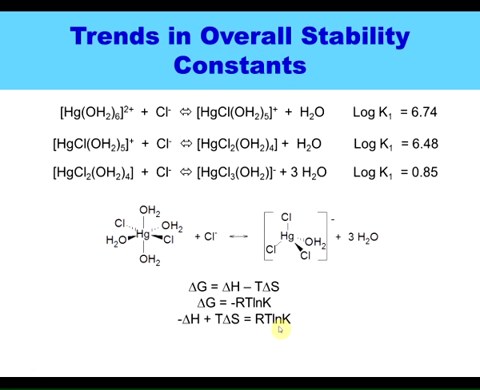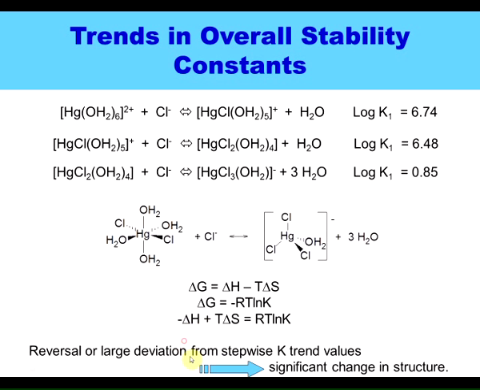So what I'm trying to get you to see here is there's a relationship between the equilibrium constants, those stability constants, those formation constants, and the entropy and enthalpy terms. But just a reminder, from this data, the reversal or large deviation from stepwise K trend values indicates a significant change in structure. So that was one of the 2 main points of this slide.